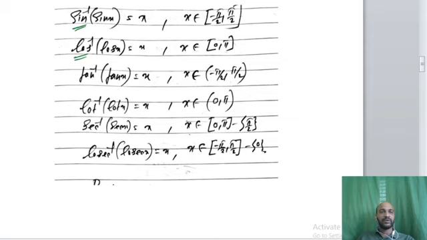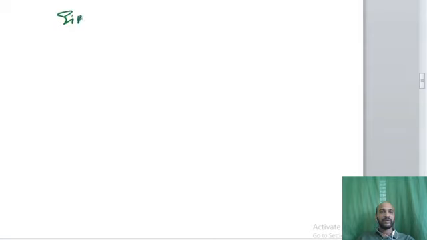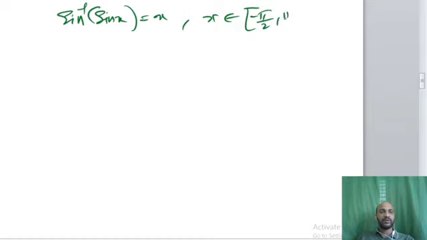Let us prove the first result, that is sin inverse of sin x equal to x, where x belongs to the closed interval minus pi by 2 to pi by 2. Okay, this one we can prove like this. Let sin x equal to y.